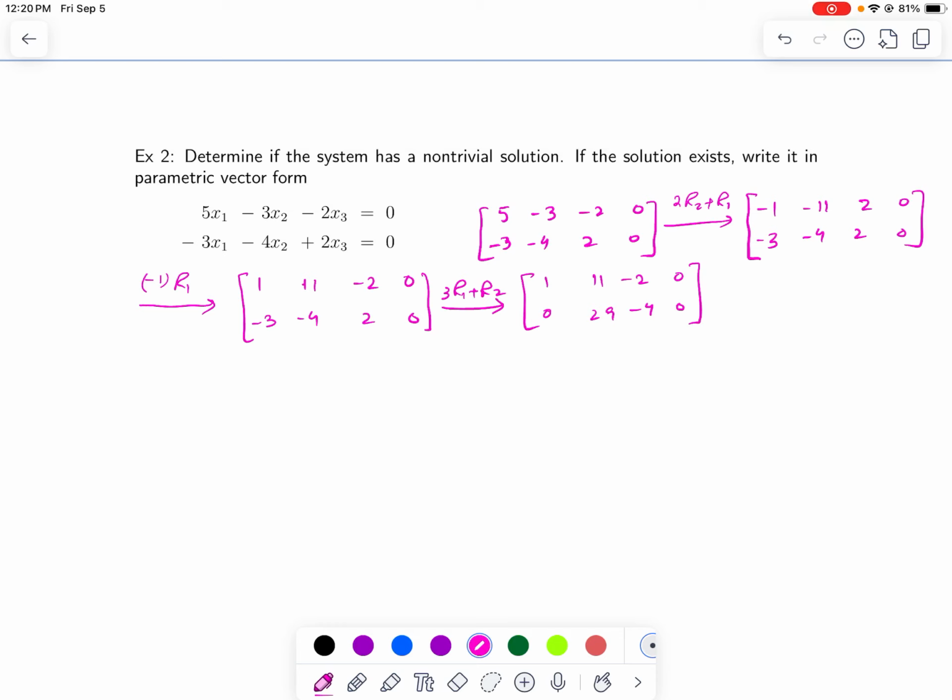So this is what I am getting: 1, 11, -2, 0 in the first row, and 0, 29, -4, 0 in the second row. So from here, we can now multiply by 1 over 29.